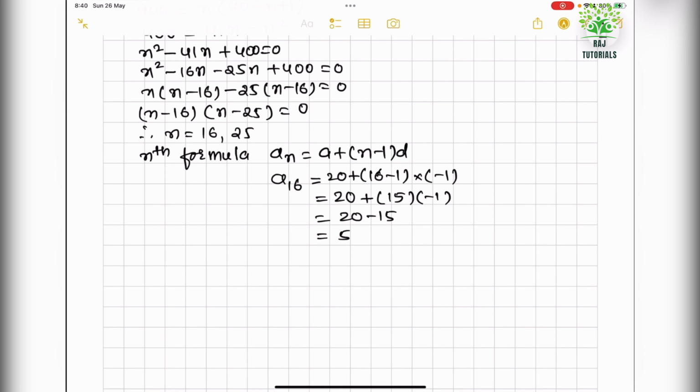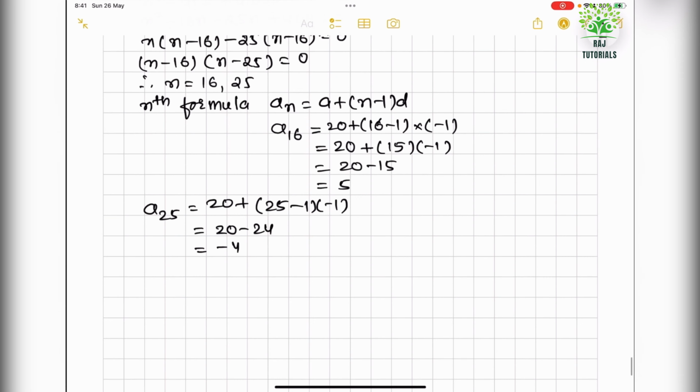And if I do the 25th term, a25 equals 20 plus (25 minus 1) into minus 1, that is 20 minus 24, so minus 4.